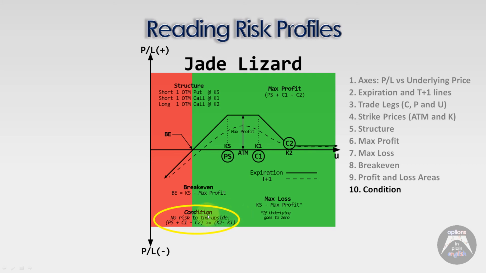So this condition has to be met prior to putting it on, because otherwise, in this particular case, if this condition is not true, then you're not going to have all of this area as a profitable area.